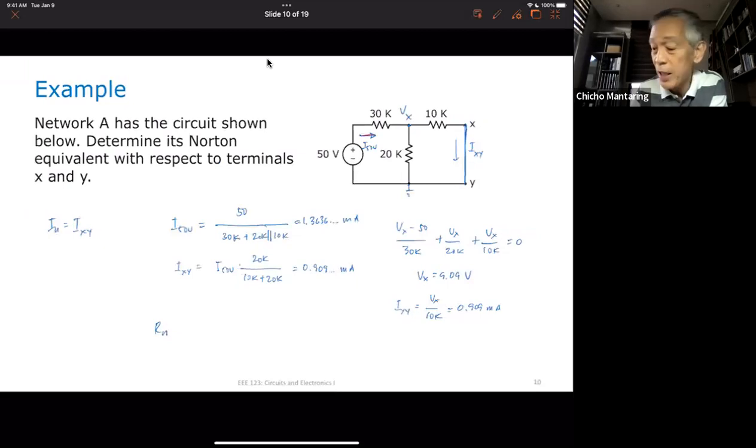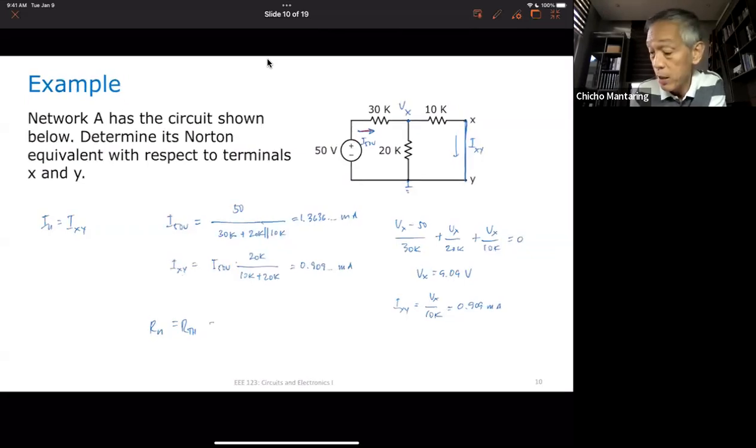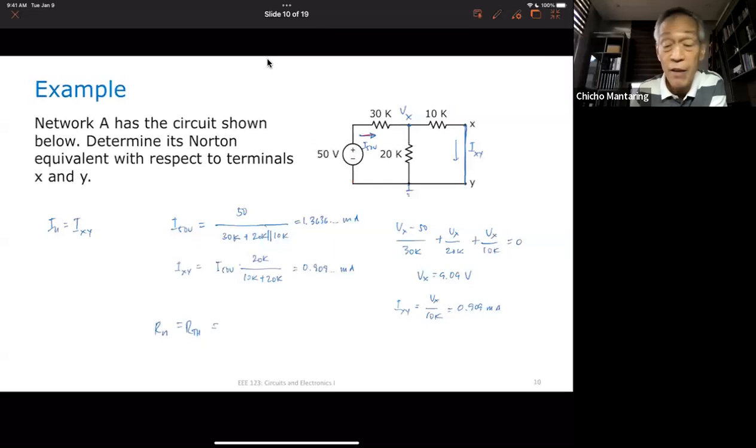It's going to be the same as RTH. So this is an independent source, and therefore we can use the method that I mentioned. You short this, then you get the resistance looking into terminal XY, which is exactly what we did in this particular example for the Thevenin equivalent. So this is going to be 22K.